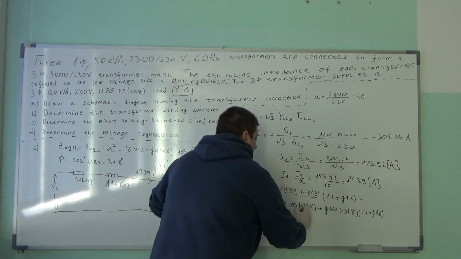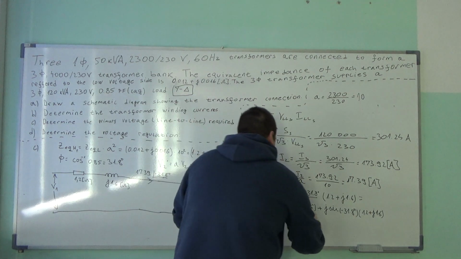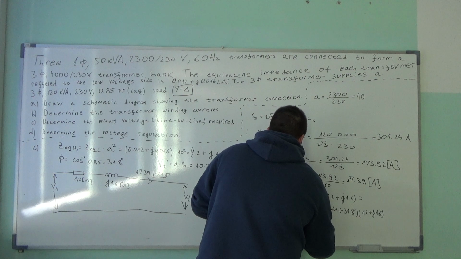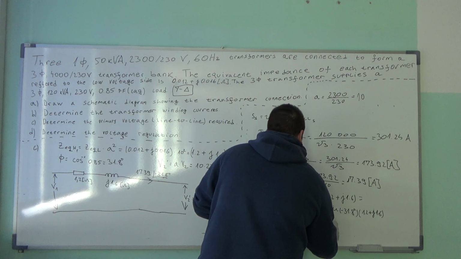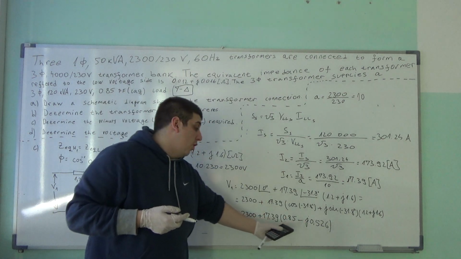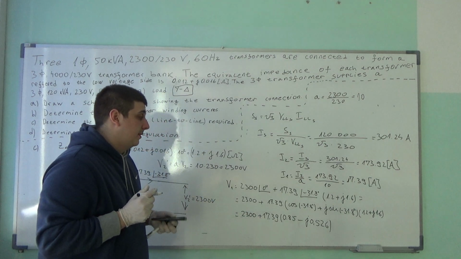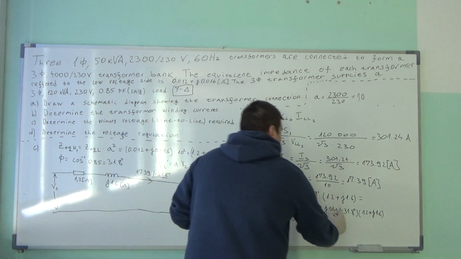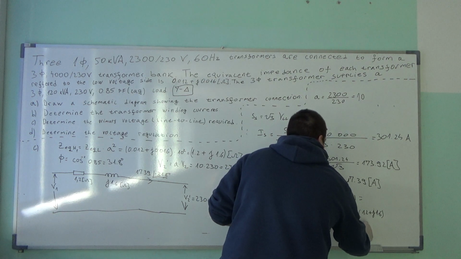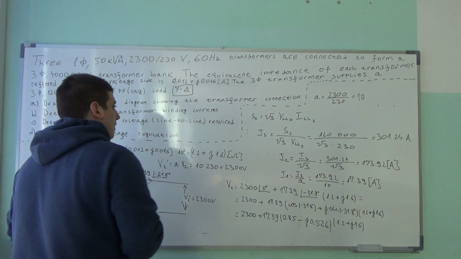Don't forget this imaginary number. So this is the imaginary part of the primary current times 1.2 plus imaginary number 1.6.